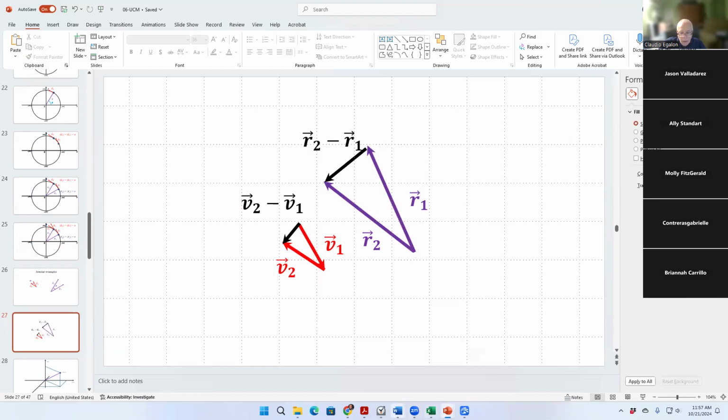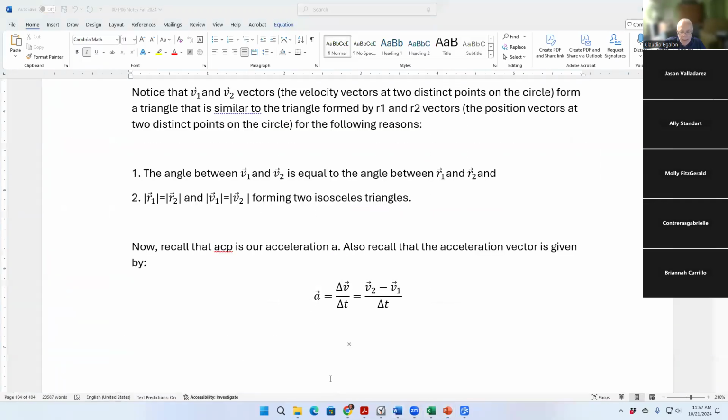Going back to my notes, this V2 minus V1 must be equal to the acceleration. Going back to the triangle here.